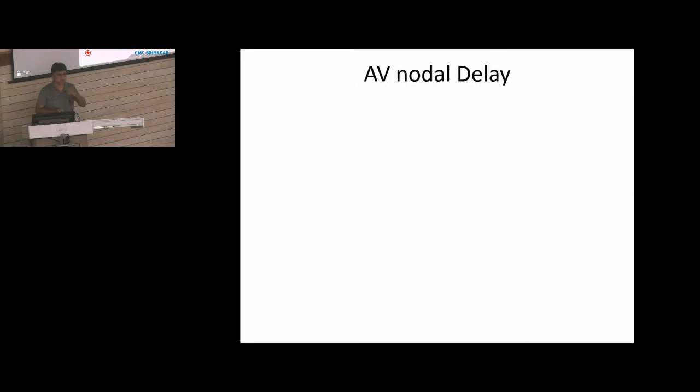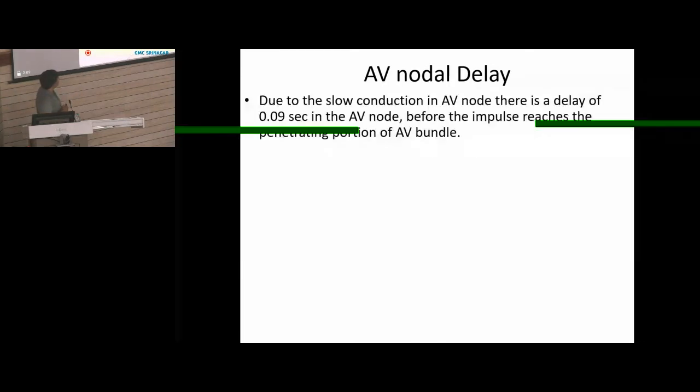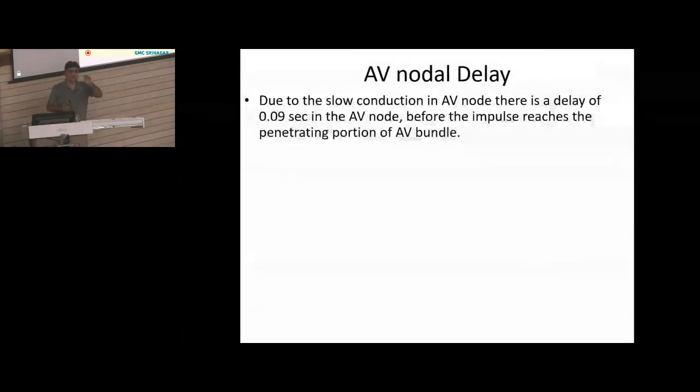And what happens when the impulse reaches the AV node? It doesn't immediately go forward. The AV node holds this impulse for some time. Due to slow conduction in the atrioventricular node, there is a delay of 0.09 seconds before the impulse reaches the penetrating portion of the AV bundle. From the AV node arises the AV bundle, called the bundle of His.